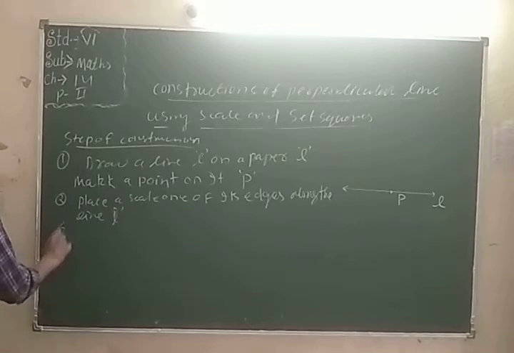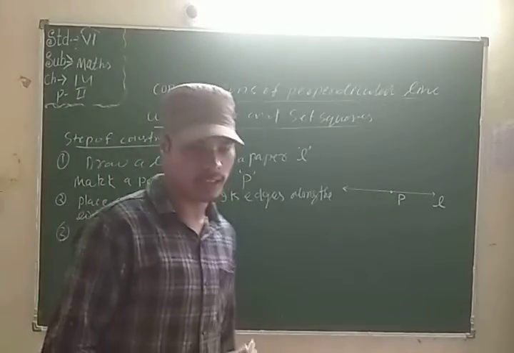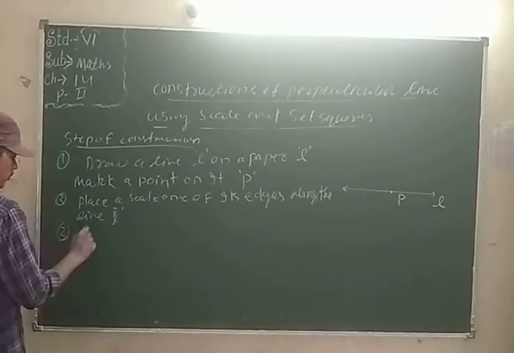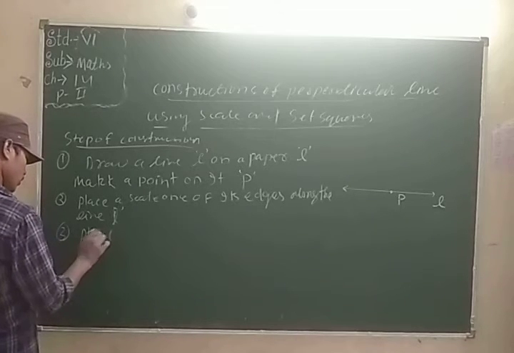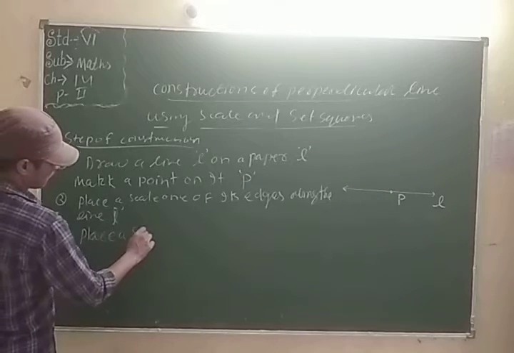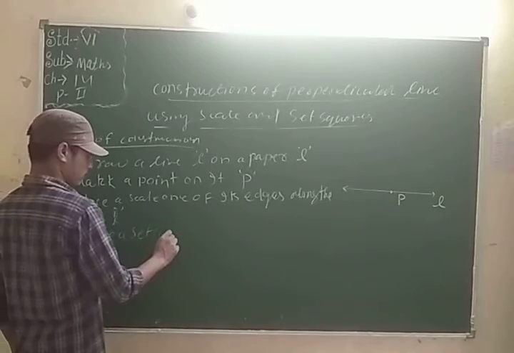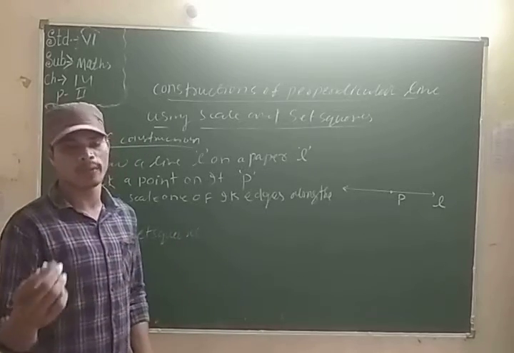Okay. In the third step, what can we do? We can again hold the set square. That means place a set square. Where do we place it?